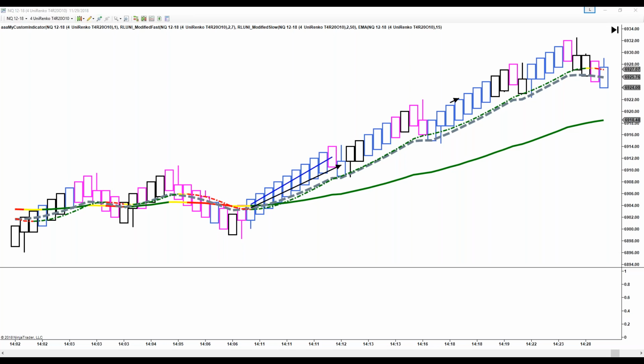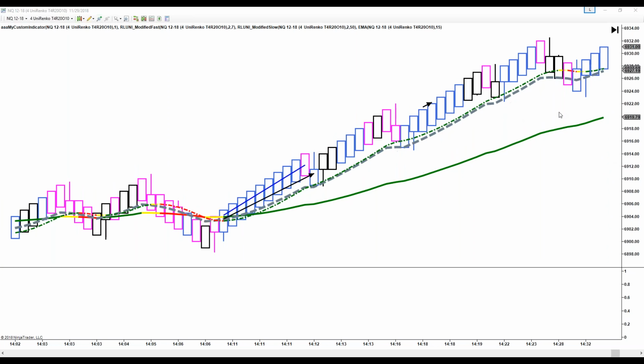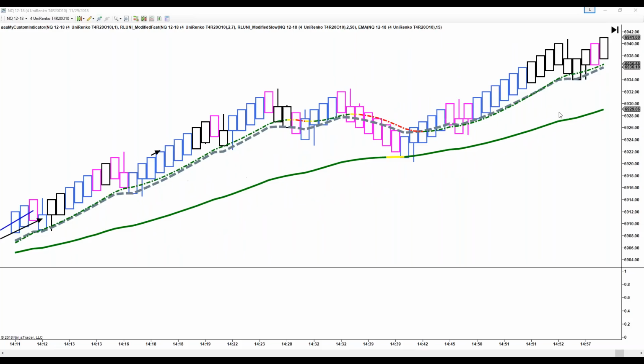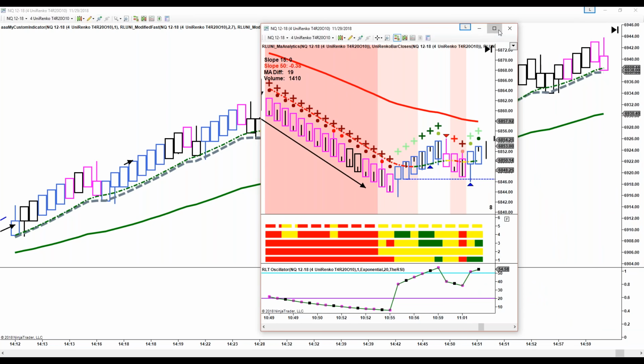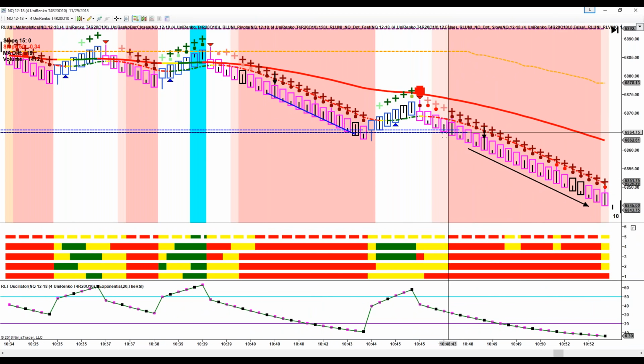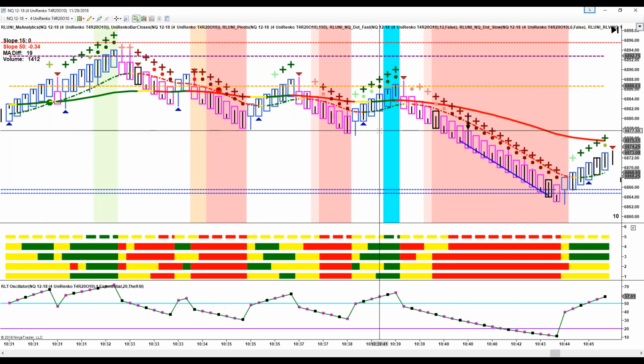No, the thing is, Dennis, the problem is that once you refresh the chart or you close and open, the wicks disappear. Like if you look at this chart, you see the huge number of wicks.